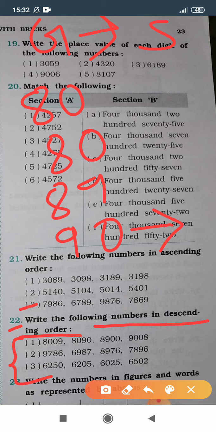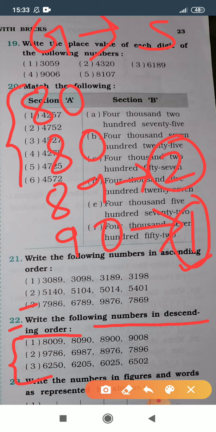90 is greatest, so we'll give it as rank 1, means we'll write first this digit. After that 89 comes, so second will go to this. Now 80 and 80, they both are similar numbers, so we need to find the third digit.